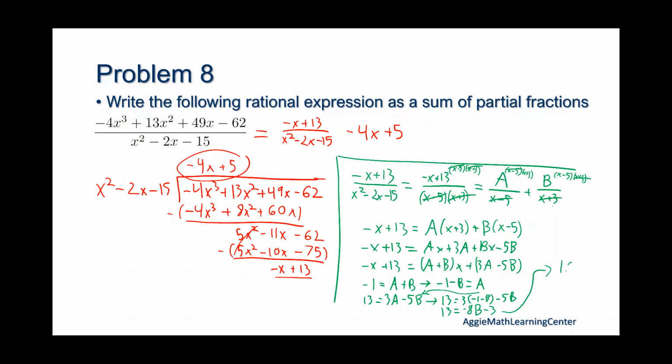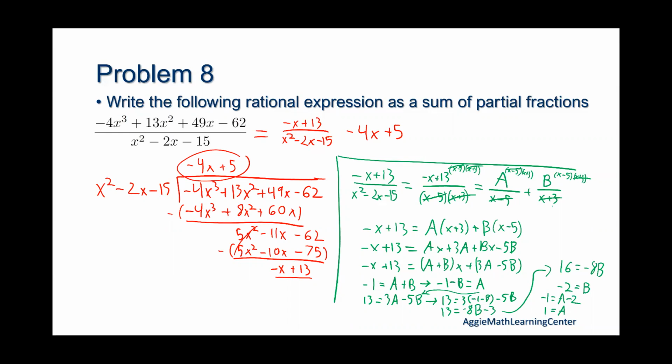That gives us 16 equals negative 8b, and then negative 2 equals b. Okay, so that's one part of our solution. Then we plug that back into negative 1 equals a plus b. So negative 1 equals a minus 2, and we get 1 equals a.